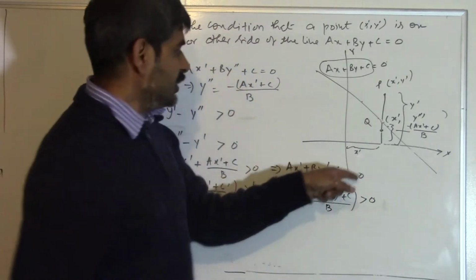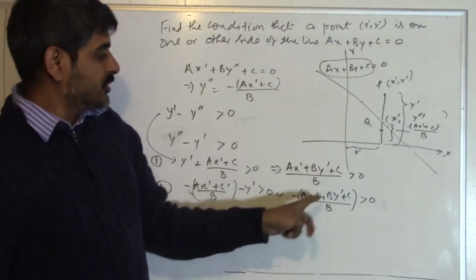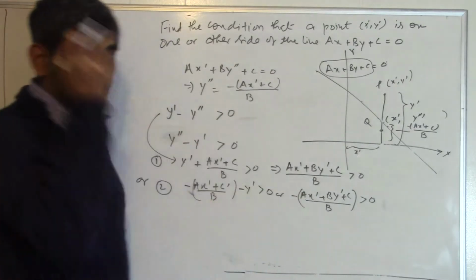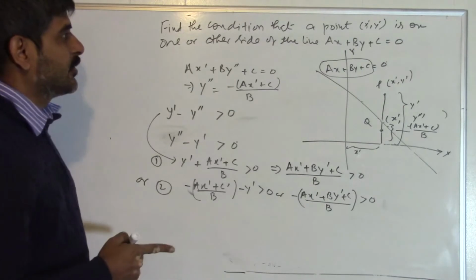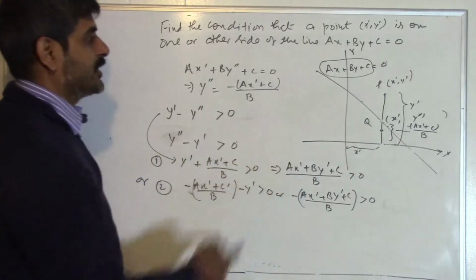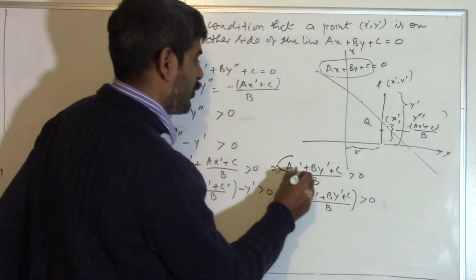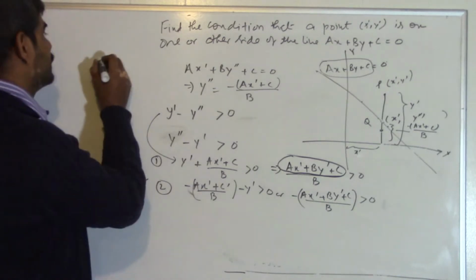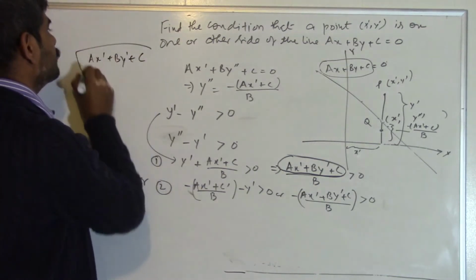You can in the same way simplify this one. So if this thing happens, then the point will be on the one side, and if this thing happens, the point will be on the other side. So b is the same for both sides. So we can conclude that the point x dash y dash is on one side of the line or the other side of the line, depending upon the sign of this quantity, ax dash plus by dash plus c.